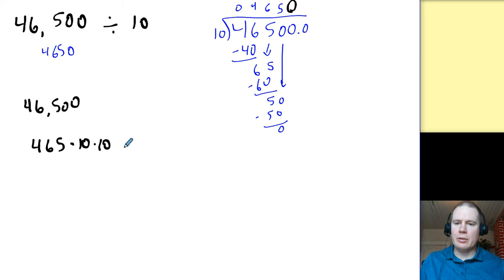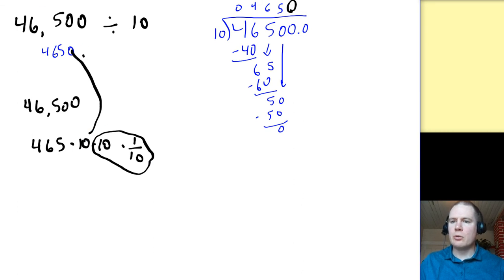Dividing by 10 means I'm now multiplying by a tenth. Instead of getting 10 times bigger, I'm making it 10 times smaller. Well, those two cancel out. So I'm really just multiplying by a single 10, and that's how I got this number.